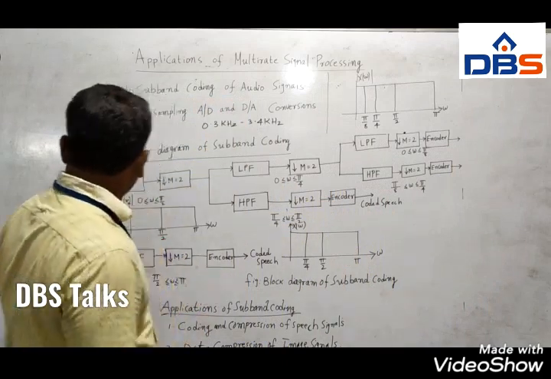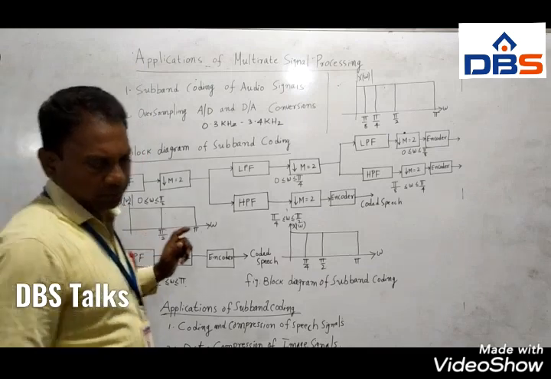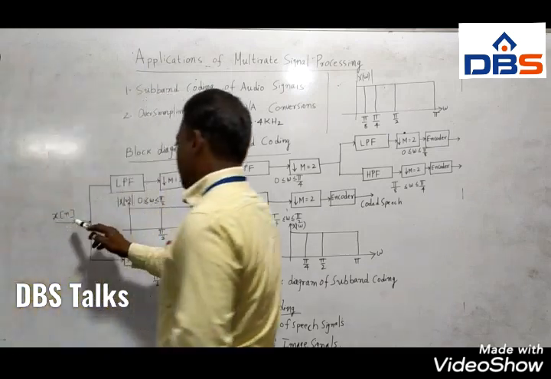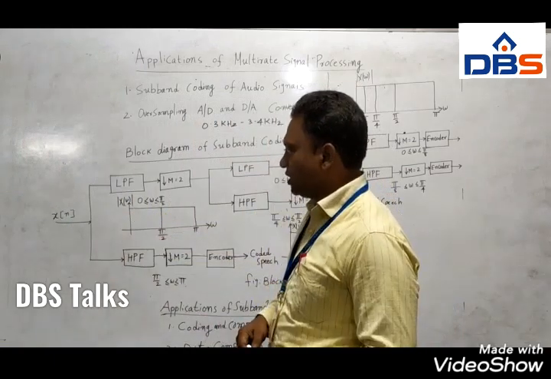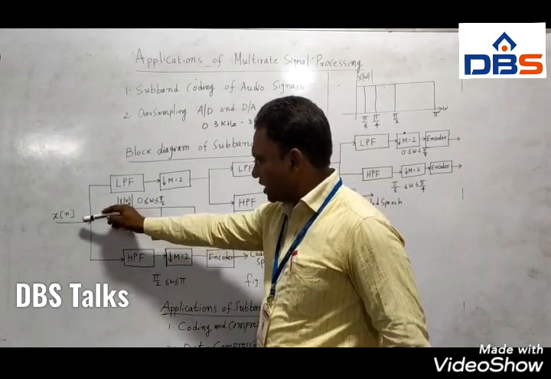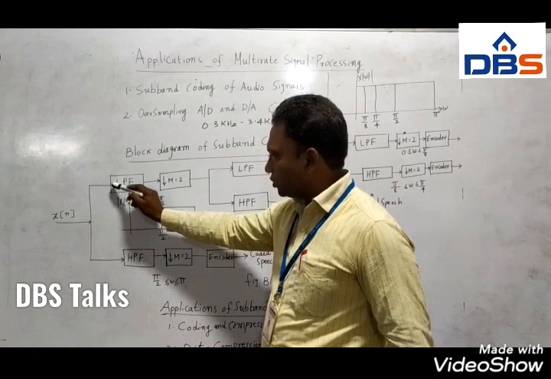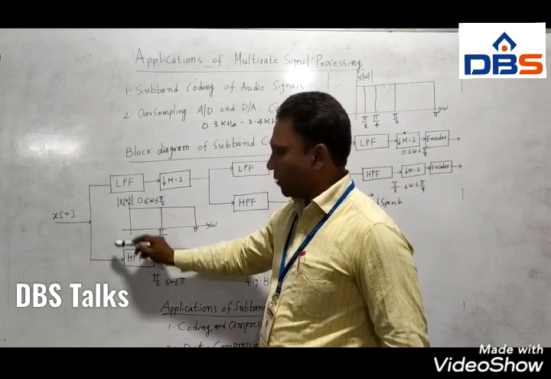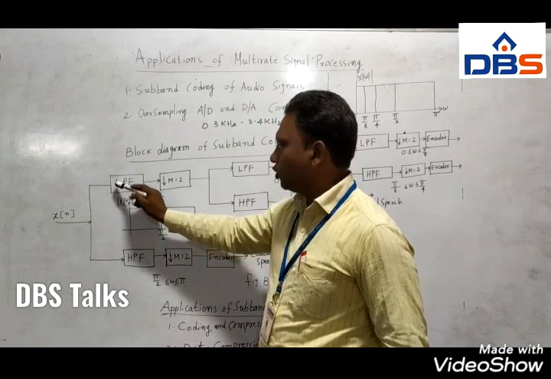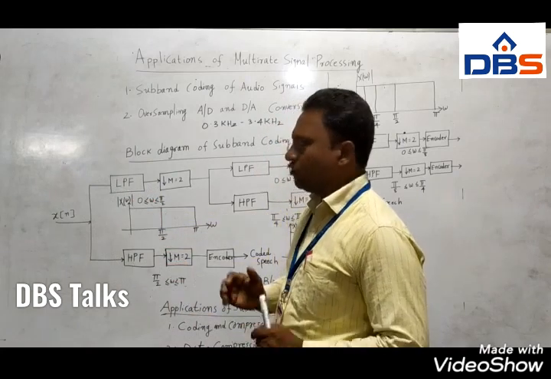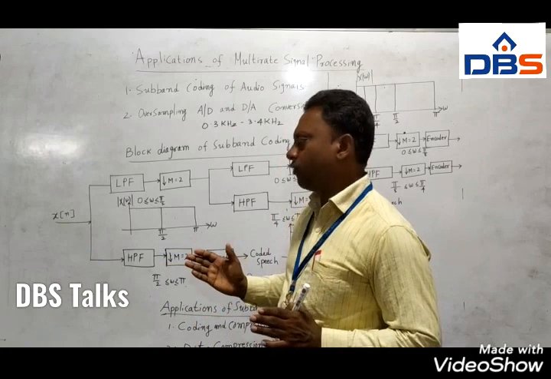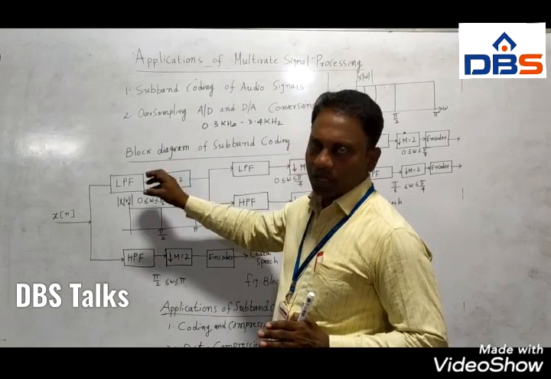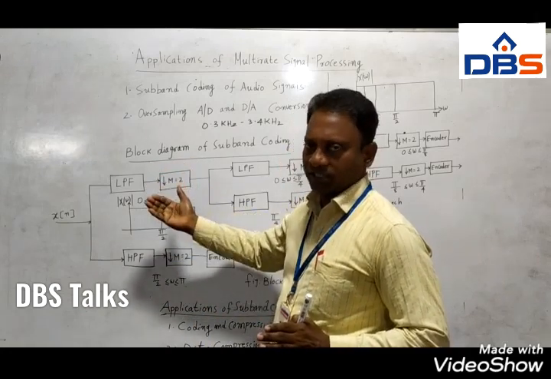Okay, we will see. x of n is the original initial signal, a discrete time sequence. Initially, this x of n is passed through the low pass filter and high pass filter. We know the property of the low pass filter, which passes the low frequencies up to a cutoff frequency, and stops the frequencies above the cutoff frequency.